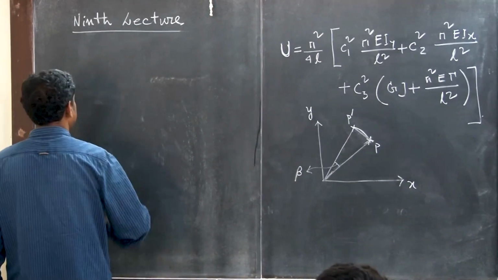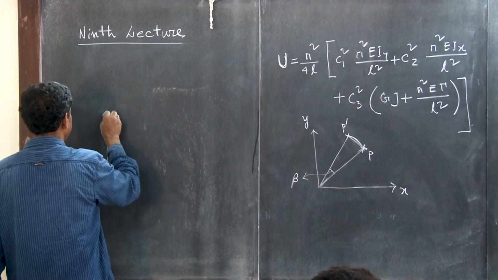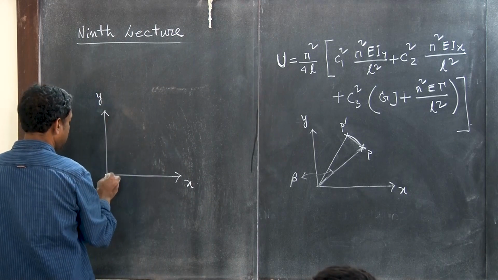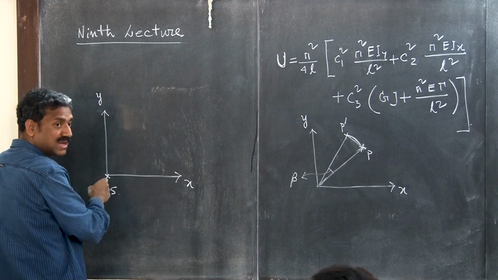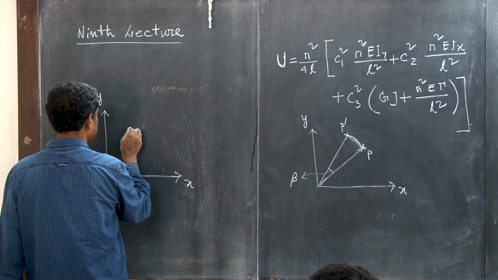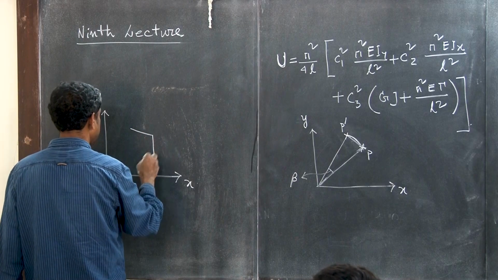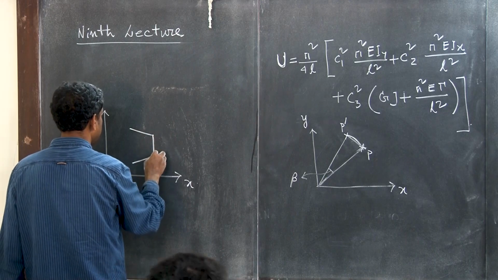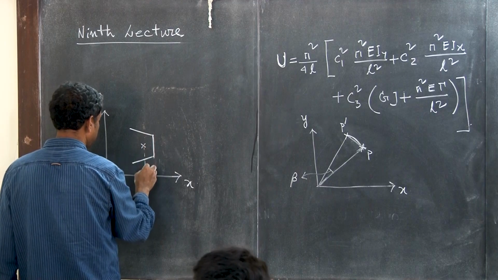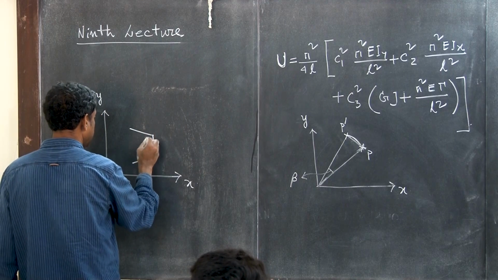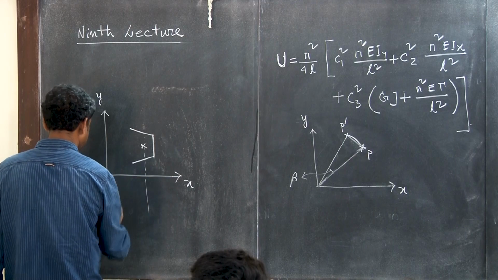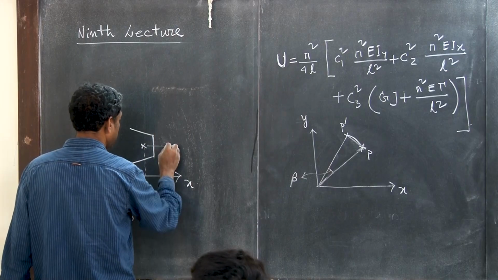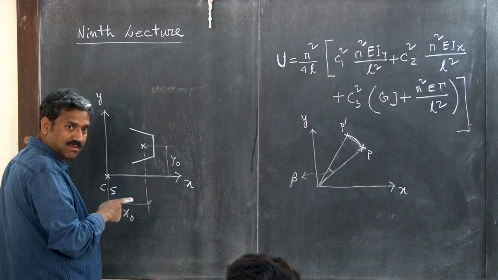Okay. So you see, when I am plotting the coordinate axes, the shear center is my origin, right? I have this section here, and it has a CG. So from here this is the CG, and this is x0, and from here to here this is y0, right?